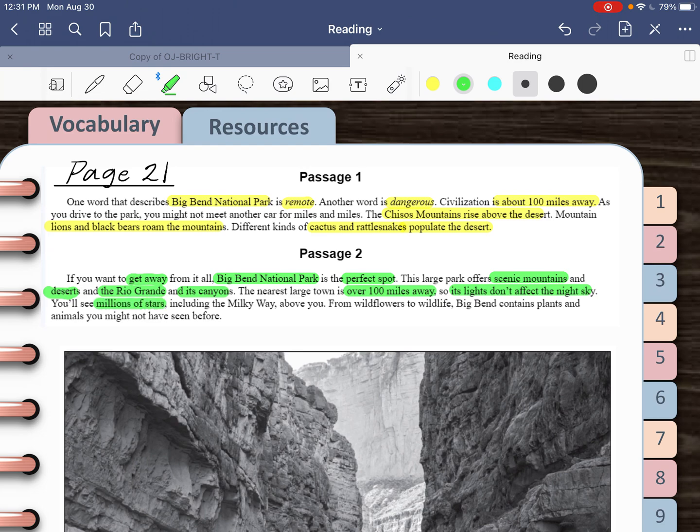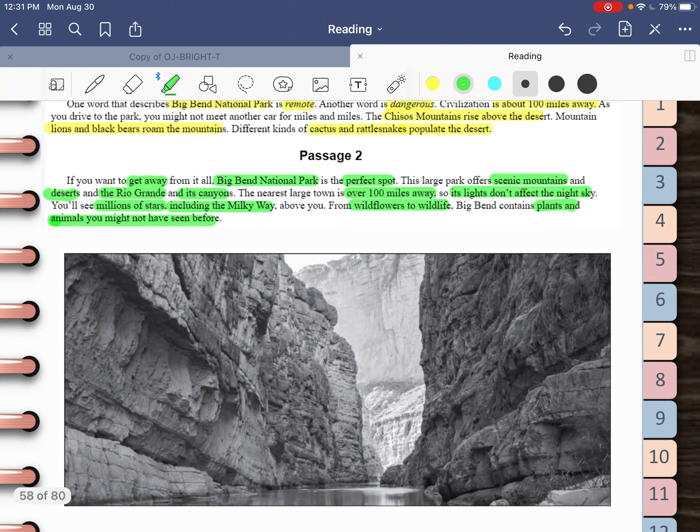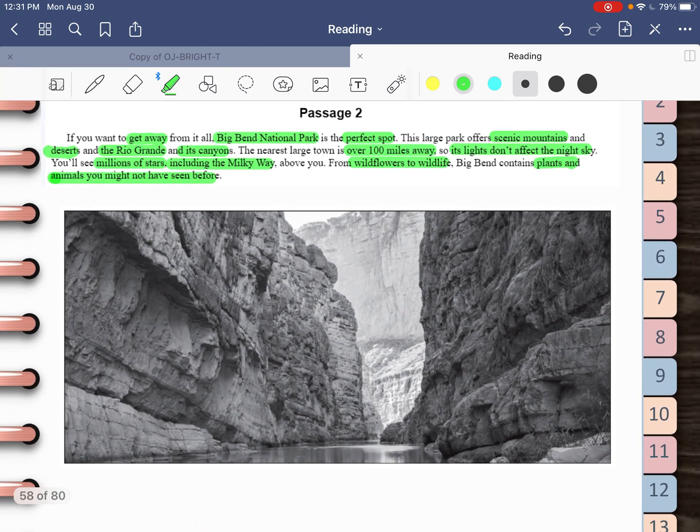You'll see millions of stars, including the Milky Way above you. From wildflowers to wildlife, Big Bend contains plants and animals you might not have seen before. And here's a graphic of a canyon. It's beautiful.